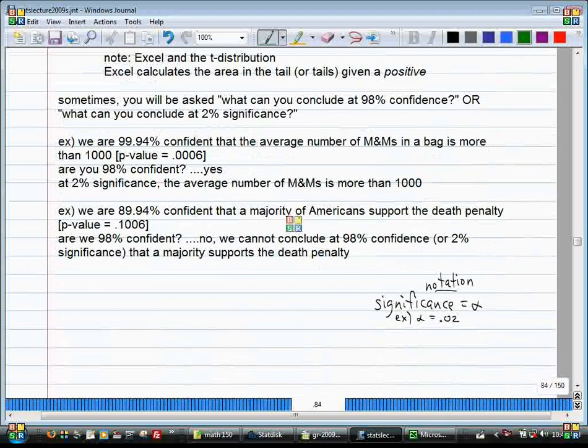And one other bit of notation, that thing that's called the significance, mathematicians like to put in a little Greek letter for that. It's called alpha. Some people say it looks like a fish, whatever. That's called alpha.